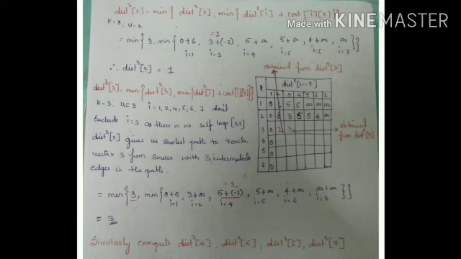As we know, for a given graph with 7 nodes, there will be at most 6 edges in the shortest path. So once we calculate dist raised to 6 of 2 to dist raised to 6 of 7, we come to the end of the problem.